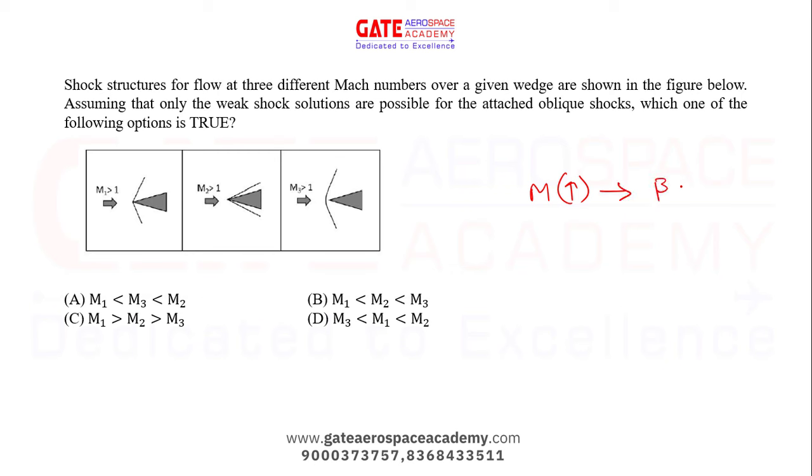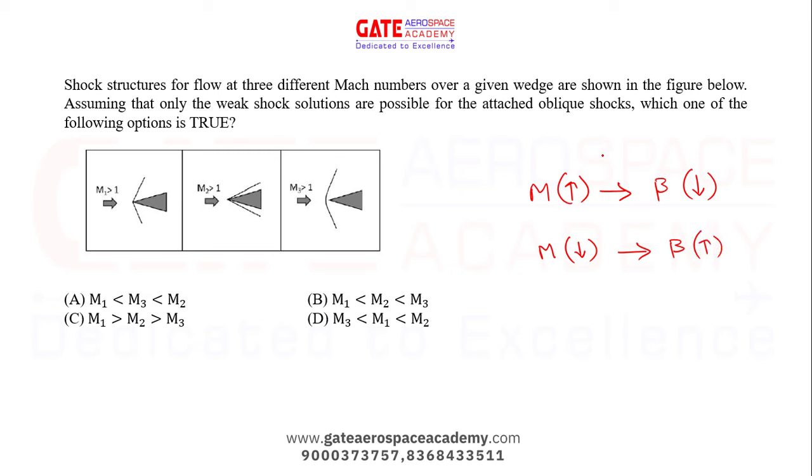Beta decreases, right? And what happens when Mach number decreases? These points we have already discussed in the lecture. So when Mach number decreases, what happens to the beta? Beta increases, right? And after some time, it will get detached.